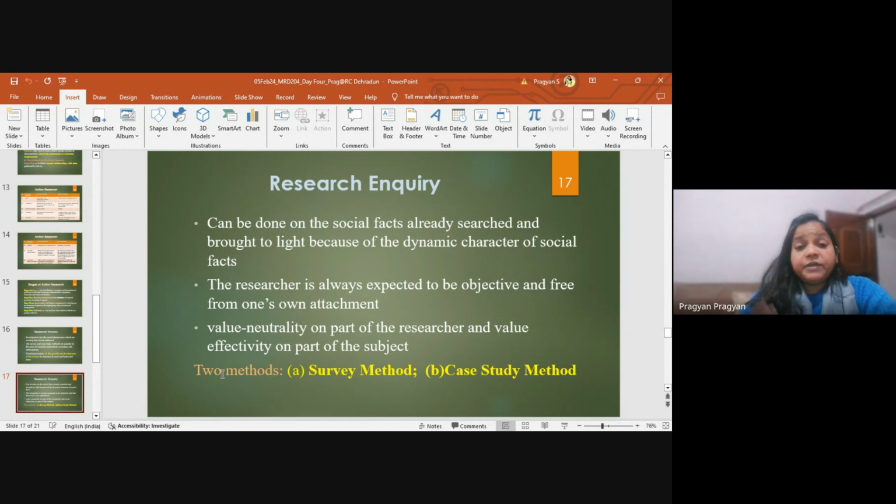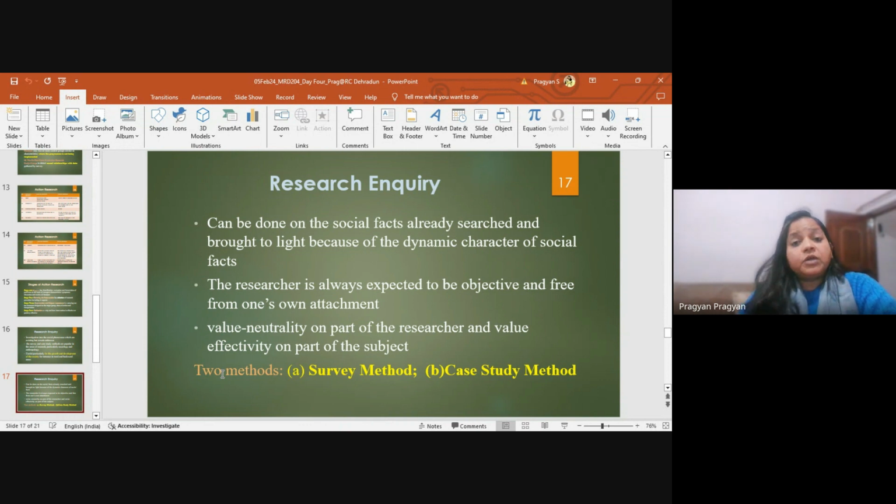I may have different types of values, but my values, my cultural understanding, my socio-economic background, my psychological, my political exposure must not interfere with my study as a researcher.